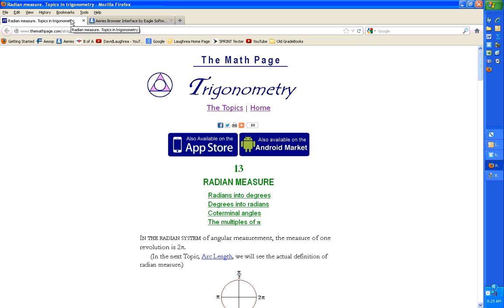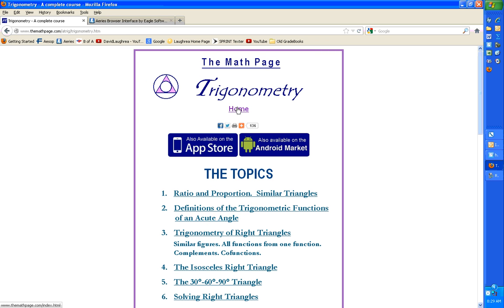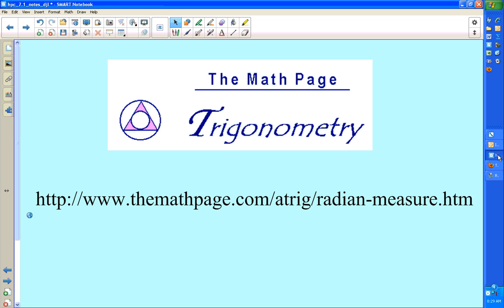When you go back to the topics, there's other things in this web page that may prove to be beneficial to you in this next couple of chapters. So this is a pretty good source. And again, I'll post the notes online, so if you don't want to copy down the source right now, that's fine. All you really need is themathpage.com, and that'll give you the concepts that you're looking for. So this is a pretty good resource.